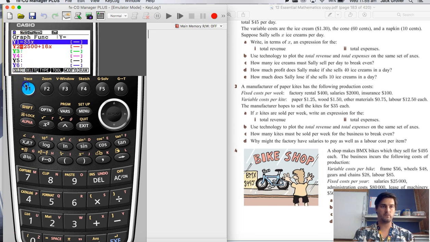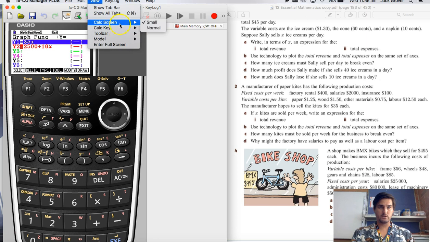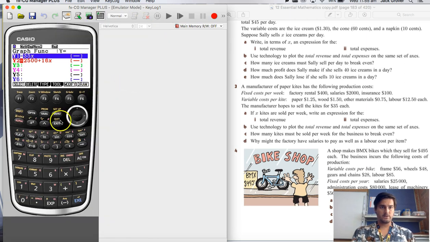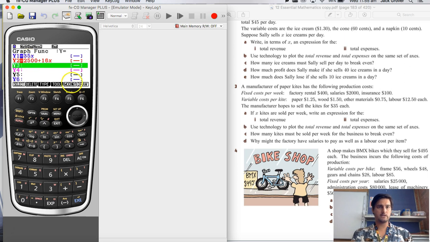So we need both of those filled in, and you can just do that by selecting F1, which corresponds to our select. I'll just change the calculator screen. So it goes back to looking normal. There we go. Once we've figured out we've got both of our equations selected, we're going to draw those two lines.